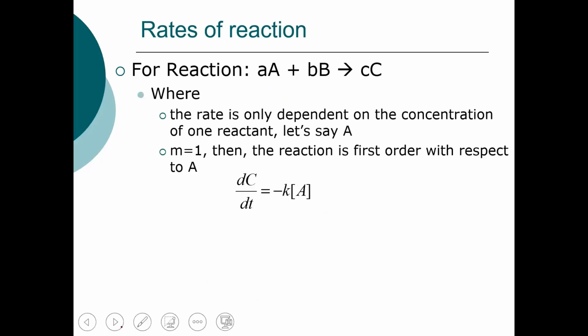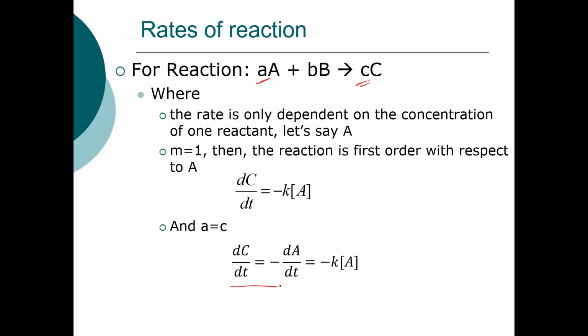Now, we've just written the same expressions, which I just gave you. Now, if A here is equal to C, then the rate of change in C is equal to minus the rate of change in A. So as C increases, A is decreasing in a proportional amount.